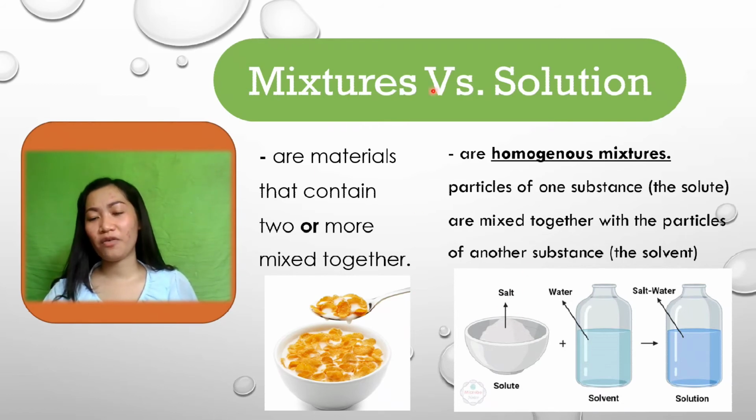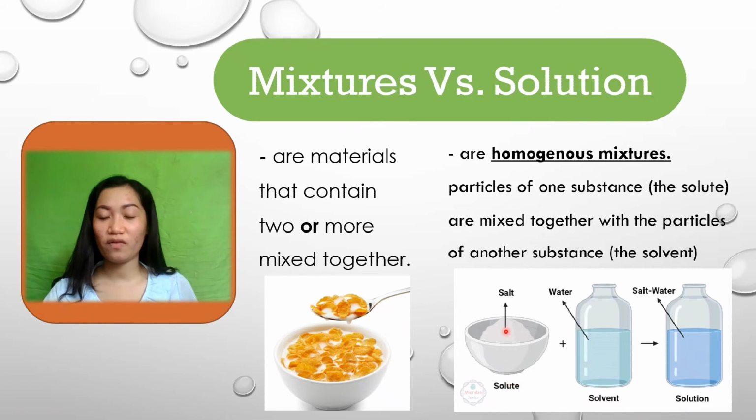The very well-known solvent that we have is the water. Like for example, we have the salt. It serves as our solute, and we have also the solvent, which is the water. If we mix this one, they will form a solution, the salt water. So again, that is the difference of the solution and mixture.